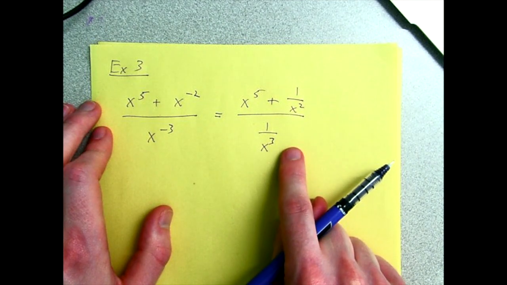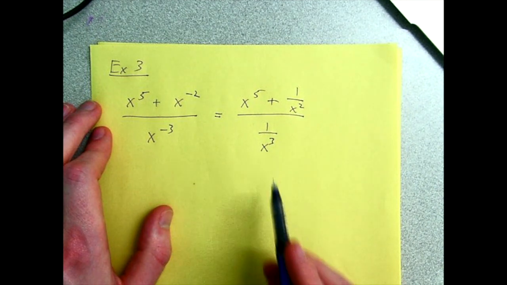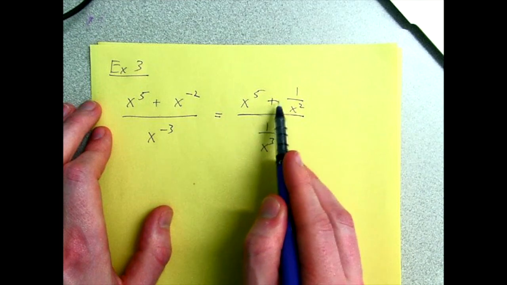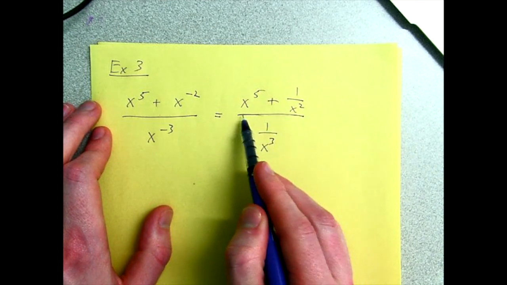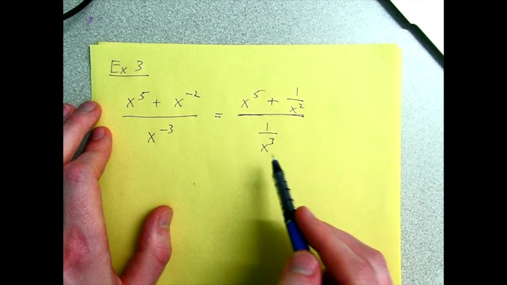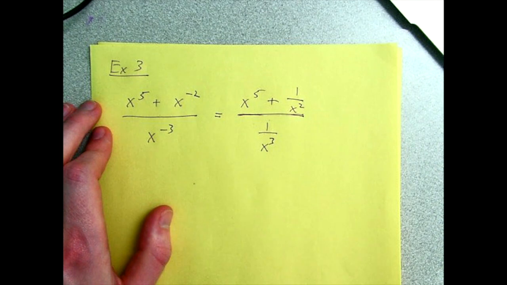Now, this looks kind of like a mess, but if you look carefully, what's happening is you're taking this whole expression in the numerator of the large fraction, and you're dividing by this fraction here. And if you're dividing by a fraction, you know what that means. Dividing by a fraction means multiplying by the reciprocal, or if you like, keep it, change it, flip it.